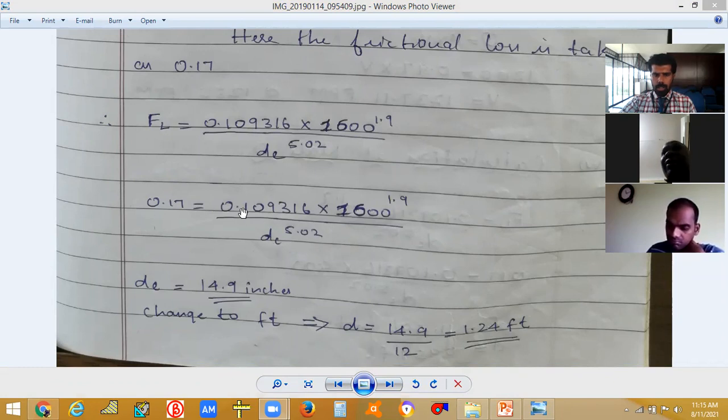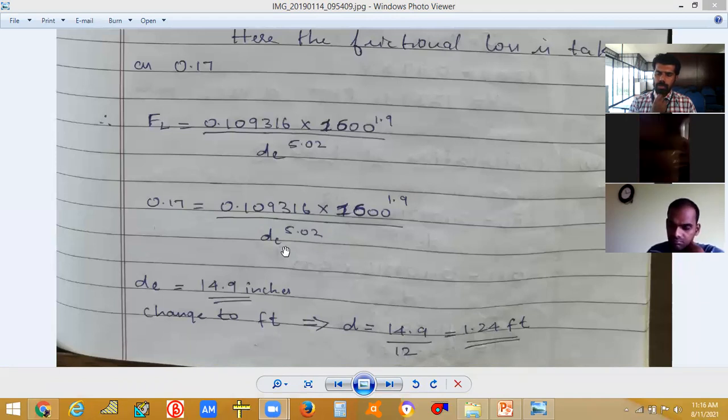Just do one thing. 0.109316 into what? Just see what is the answer. 1600 raised to 1.9. What is the answer? You find it out, and you just find this divided by 1.7. You will be getting an answer. Okay, that answer raised to 1 by 5.02.